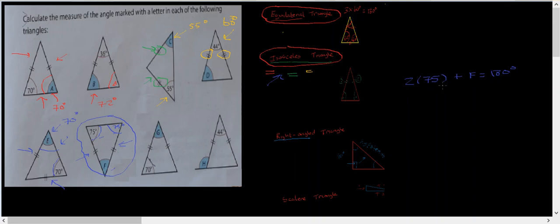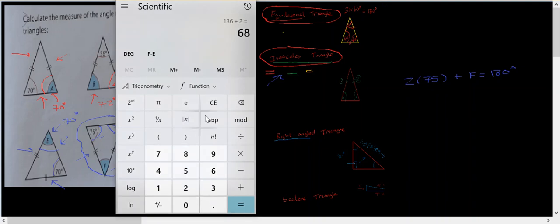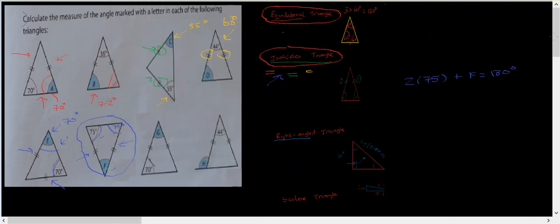So 2 times 75, so 2 75s. So let's clear this. 2 multiplied by 75 is equal to 150. So we have 150 plus F is equal to 180 degrees. Now we want to find out what F is, so we have to get rid of this 150.